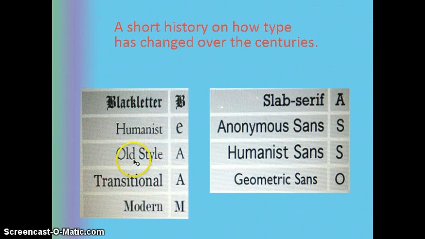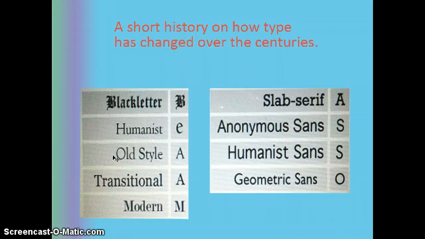And if you go to the next typeface, this looks classical, and it still looks like handwriting, but it's much more mechanical compared to the first one here, black letter. But I can tell it still looks like handwriting here.